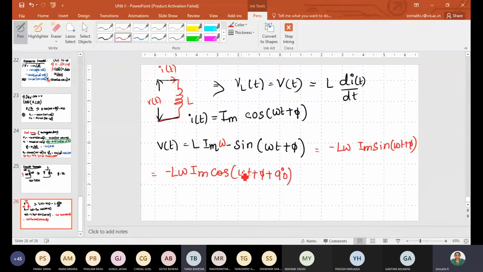You are bringing your minus inside, right? Yes, ma'am. So this is equal to L omega Im. How will you write this in phasor form? Im angle phi plus 90.